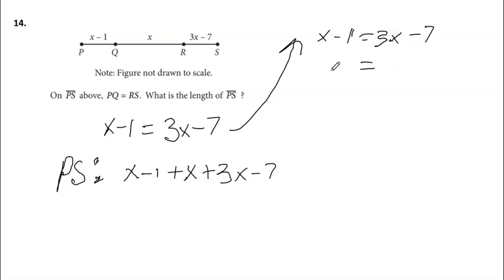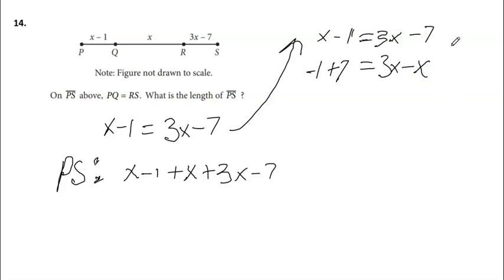So on the left, I will have minus 1, which is already there. And then minus 7 comes over, it becomes plus 7. On the right, I already have 3x. I bring plus x over here. When it crosses the equal to sign, it becomes what? Minus x, right?